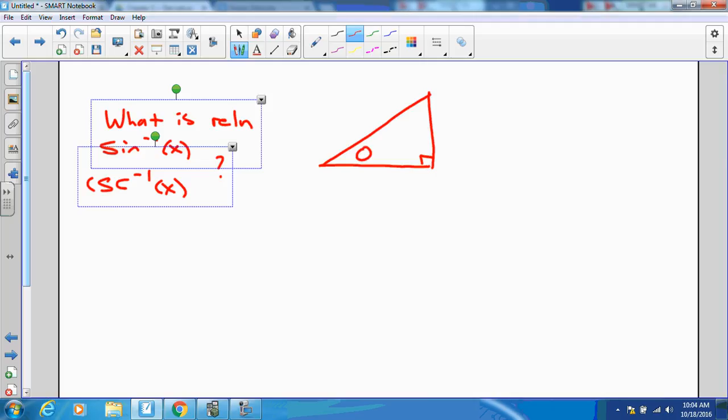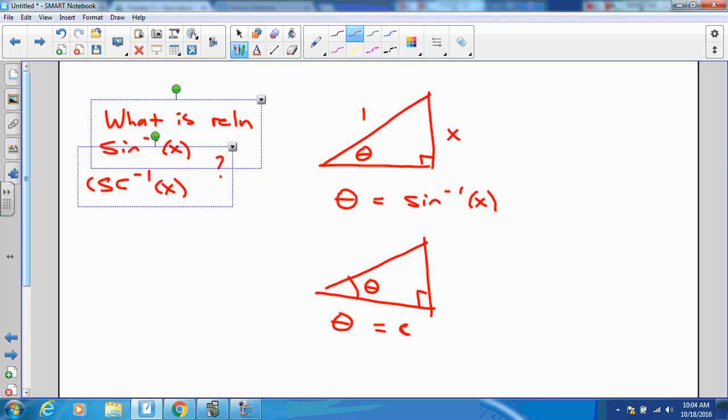I create for myself a right triangle that represents the inverse sine of x. I'm going to have some angle theta right here, whose sine is x. So this represents theta equals inverse sine of x. And now I'm simply going to ask, what is the relationship between that and inverse cosecant?